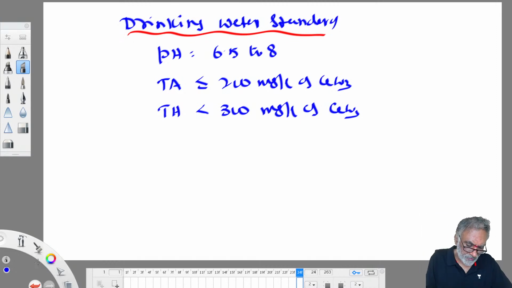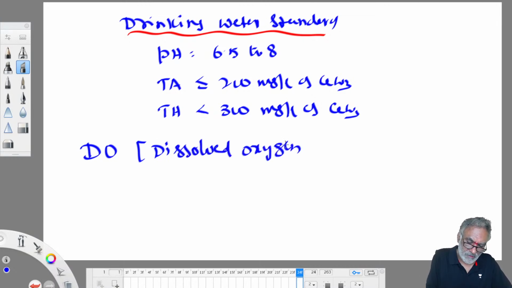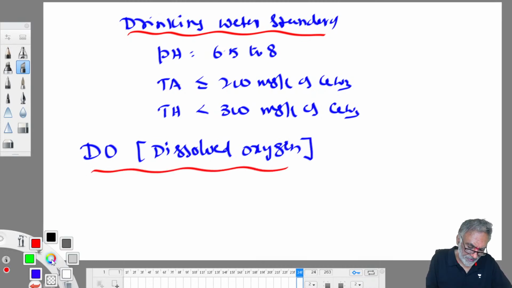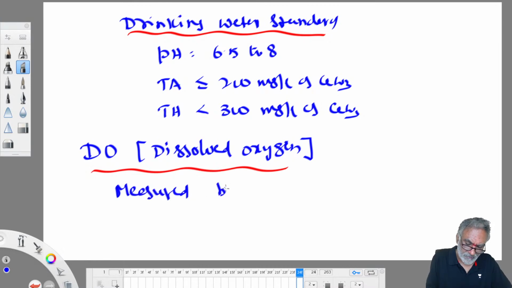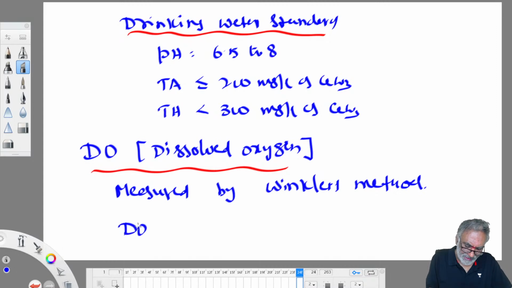Similarly, the next parameter is DO. DO stands for dissolved oxygen, which is measured by Winkler's method. The DO standard in drinking water is 3 to 4 milligram per liter.